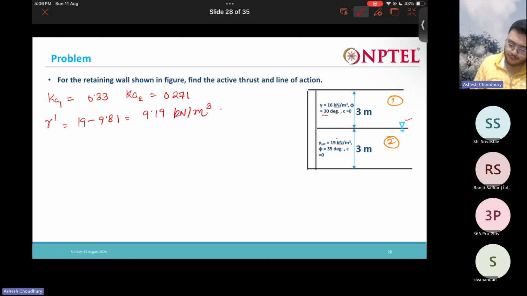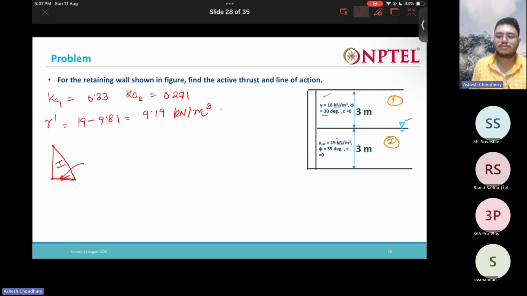Now for the top portion, what will be the variation? Same, triangular. What will be this? What is the length of the base of this triangle at the top, from this soil?